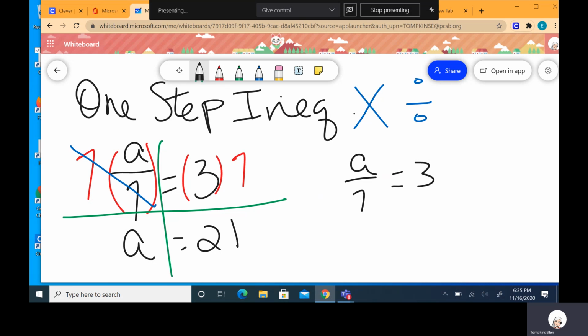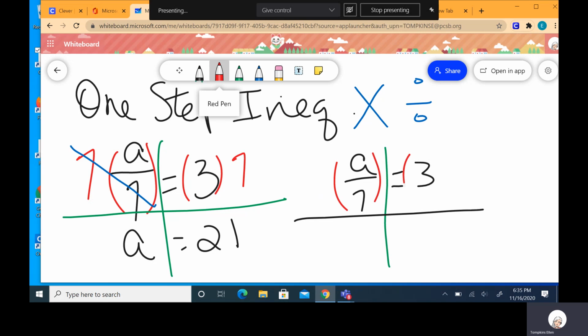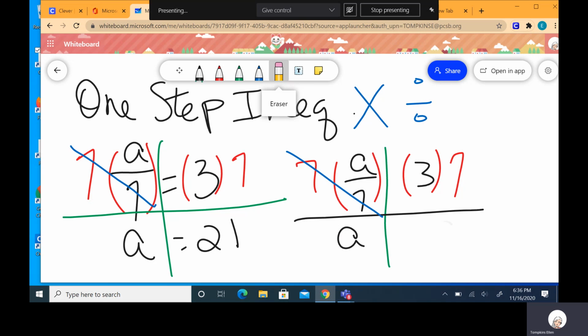21. Same thing is going to happen over here. Let's put my little wall up. Okay, and we're going to multiply by 7 on both sides. My 7's canceled out. My a dropped down. I didn't put a sign there. This is going to be 21. And let's just say this was less than or equal to.